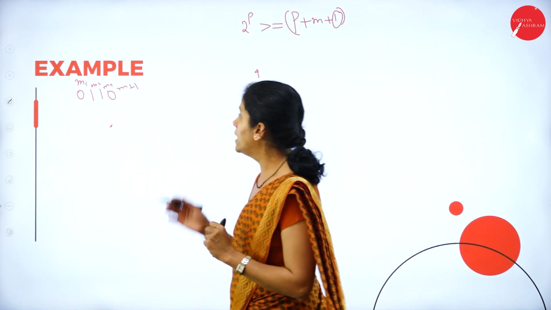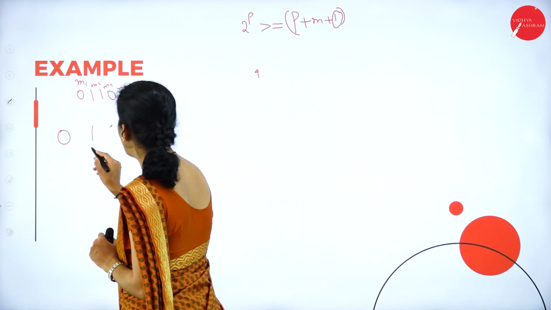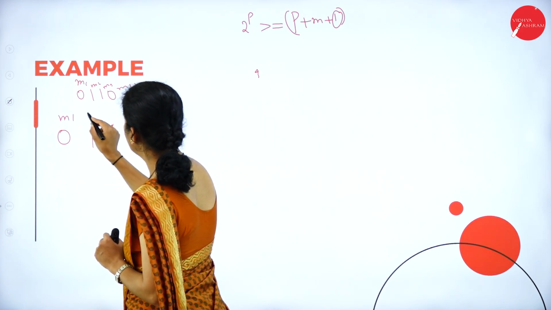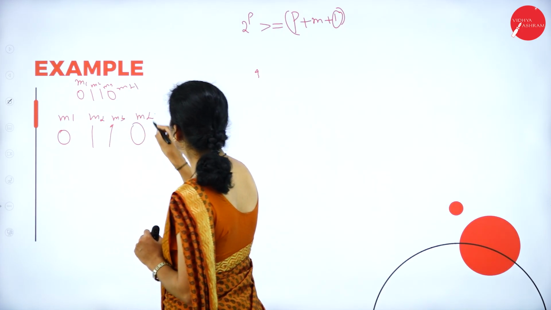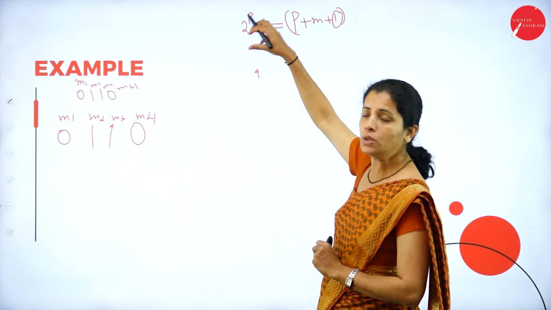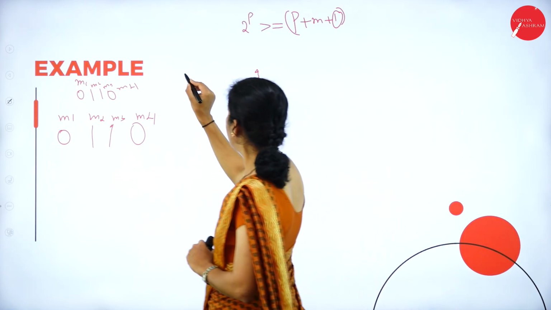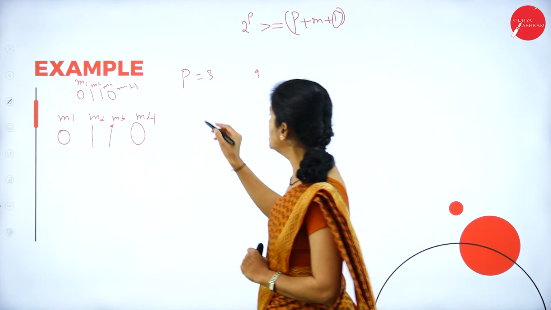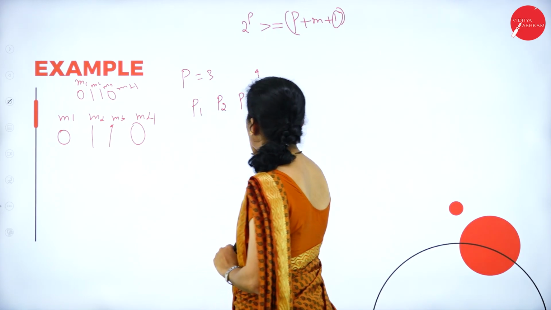Let me rewrite this once again: 0, 1, 1 and 0, M1, M2, M3 and M4. Now, according to this length of the data, what is my parity? That is P equal to 3. So the parity bits are P1, P2 and P3.